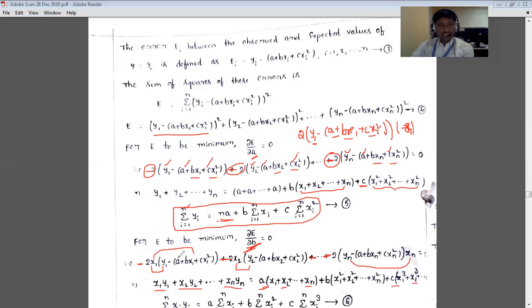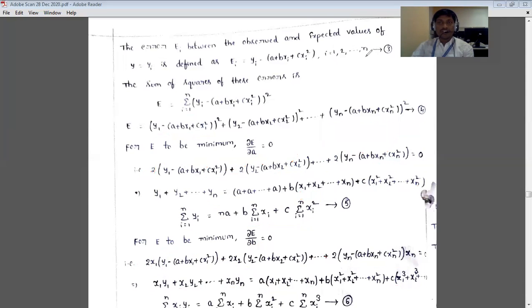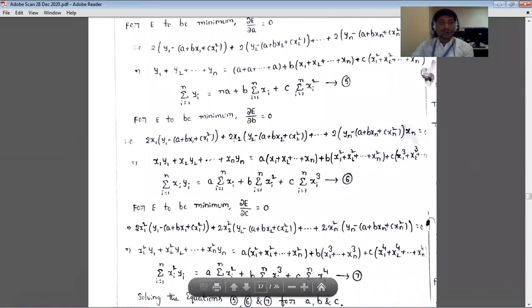In the same way if we take the second term also we get the same pattern. If you see that once clearly, you can easily understand it. So that is for the second one. And next, taking that common, the same summation we write: a into summation xi, b summation xi square, c summation xi cube.